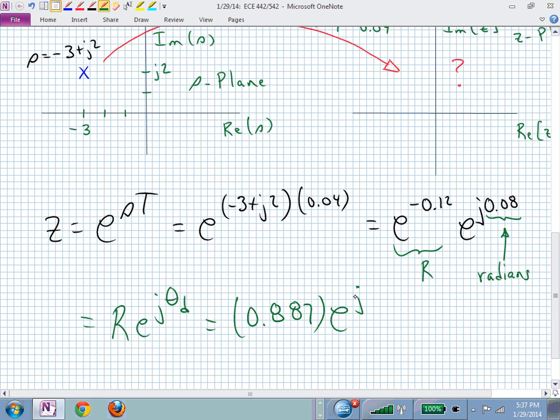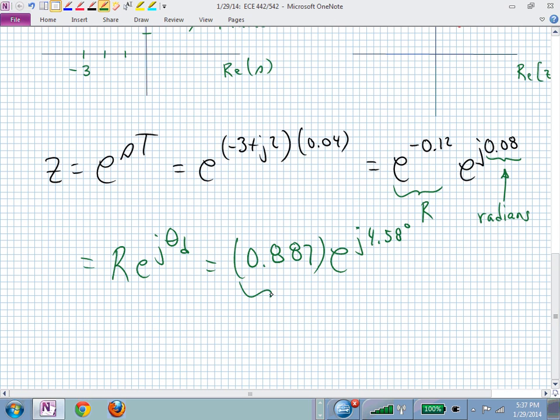And if I convert that 0.08 radians into degrees by the scaling factor of pi over 180 or 180 over pi, depending on which way you're going, in this case which way would it go? 180 divided by pi times 0.08 would give us the angle in degrees. If we do that, we end up with a pretty small angle of 4.58 degrees.